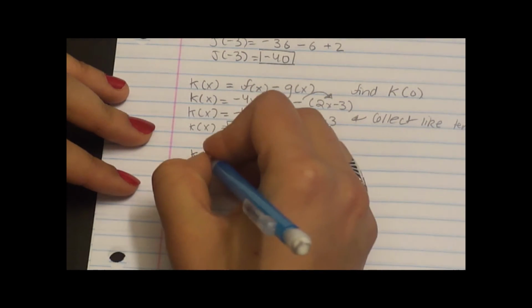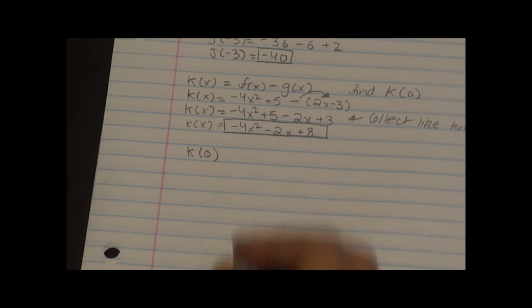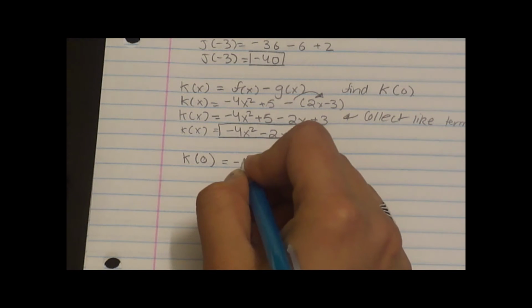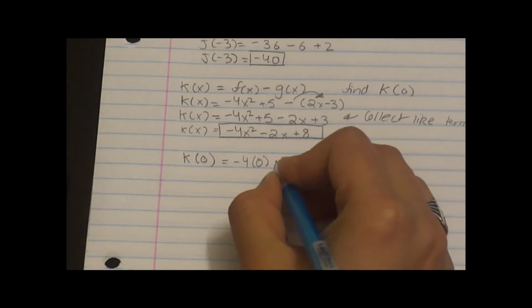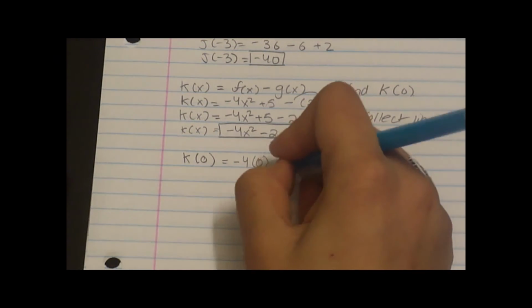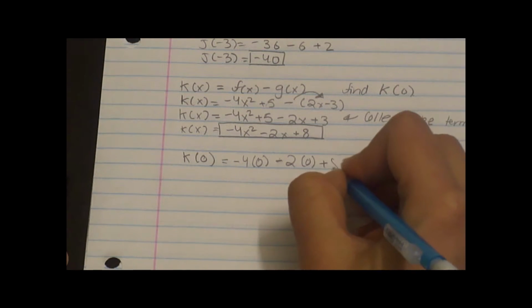Now we have to go ahead and find k of 0. So wherever there's an x value, we plug in a 0. So negative 4 times 0 squared is 0, minus 2 times 0, and plus 8.